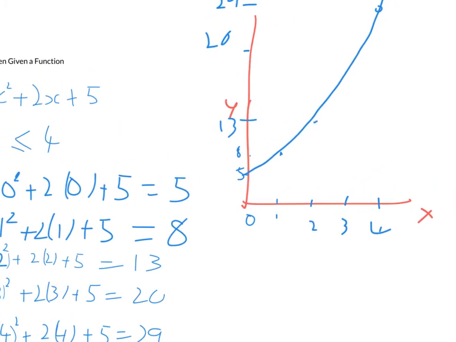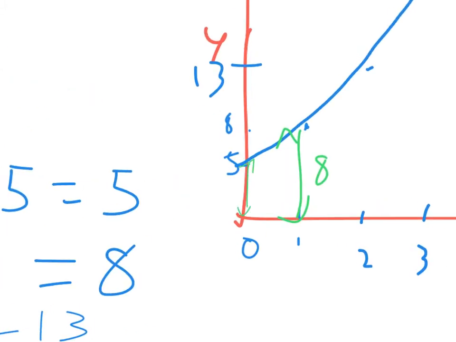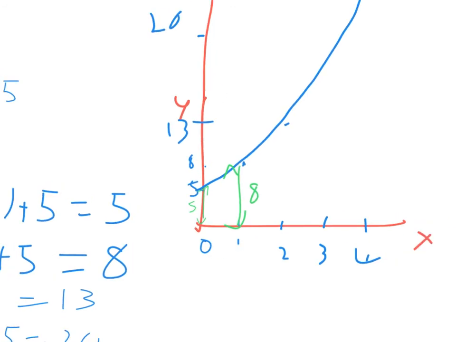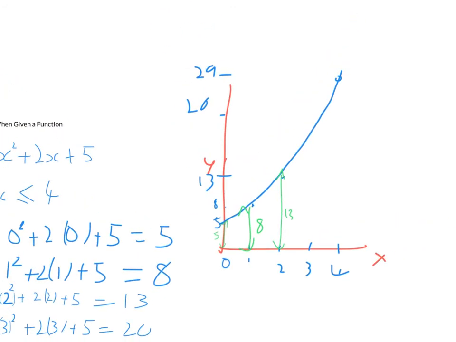What's special about this though is that we know for each of these what the individual heights are. We know this is 5, we know that this is 8, that this is going to be 13, that the next one is going to be 20, that the final one is going to be 29.